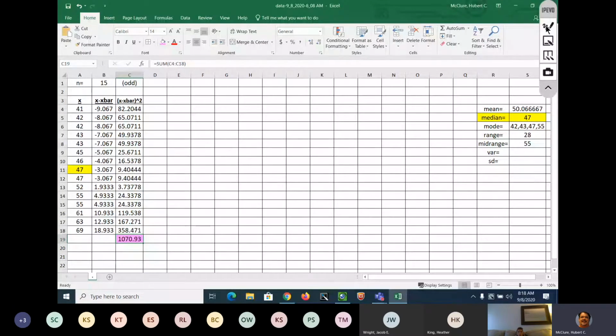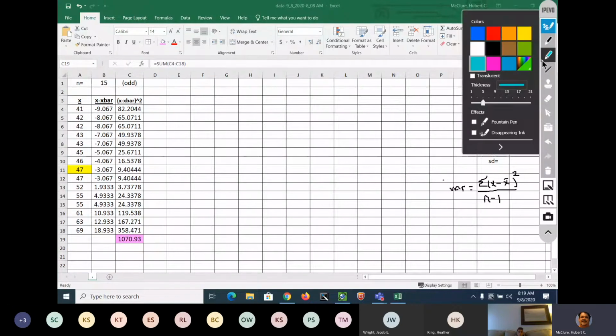So I'll take my handy dandy formula now, and I'm going to take my highlighter. Give me a second here. See if I can do this. Make it translucent, and make it a little bit bigger. A lot bigger. Things I do for y'all.